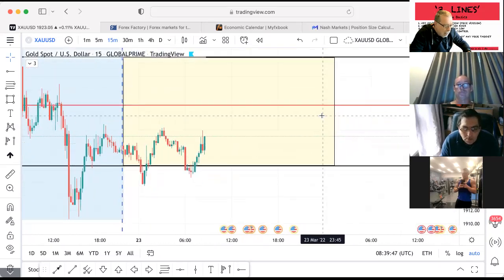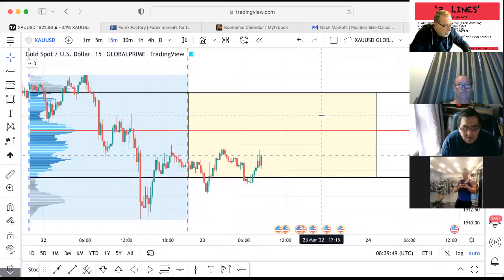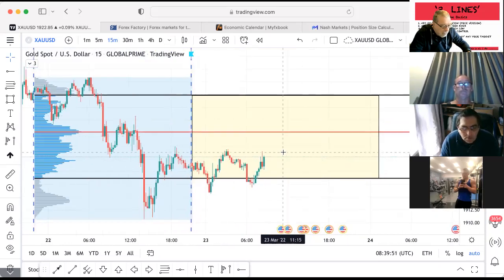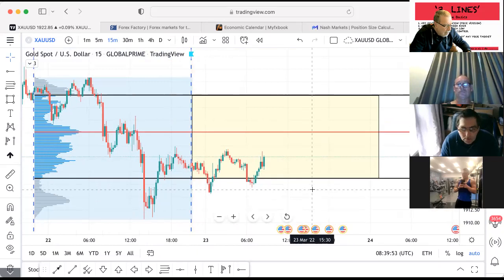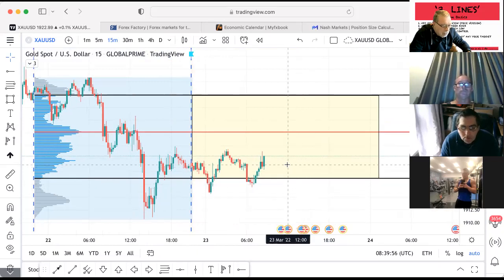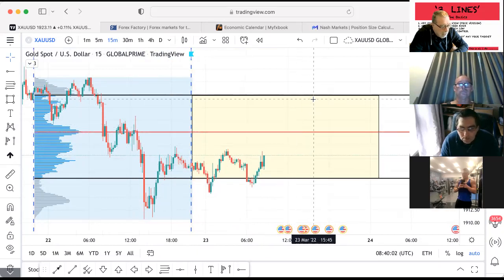However, through a lot of back testing, a lot of trial and error, I've come to the conclusion that it is also safe to take trades from the point of control back up to the value area high, and equally from the point of control back down to the value area low.